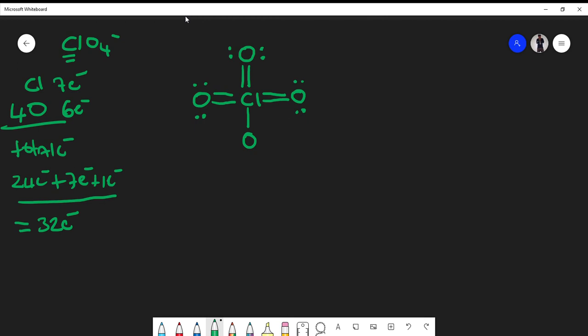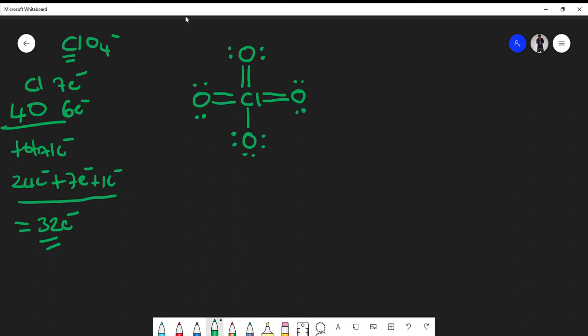Now, you might be tempted to form another double bond between this oxygen and this chlorine, but what I'm going to do is put these electrons in pairs of lone pairs around this oxygen, because we only have 6 to place. You might say you could form a double bond, and you're right, but we would not get this to equal 32.